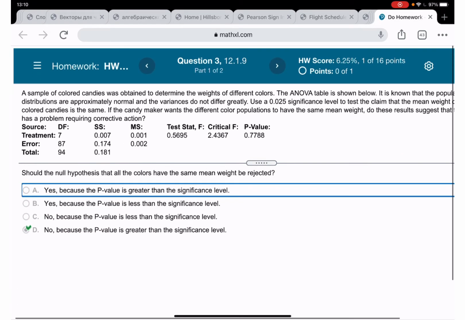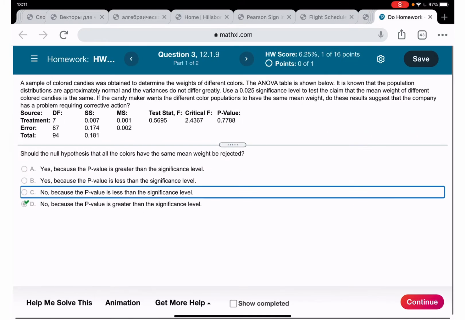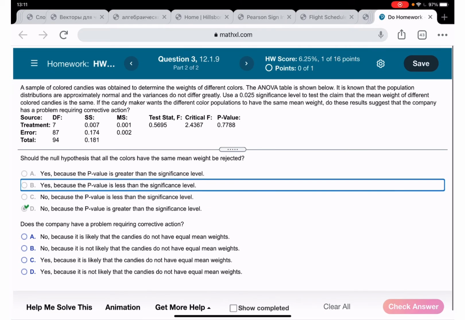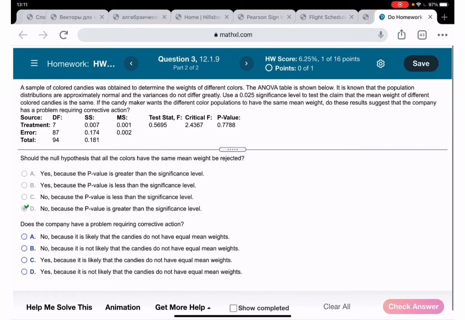Moving to next question. So does the company have a problem requiring corrective actions? Well, we already said no, doesn't have any problem.